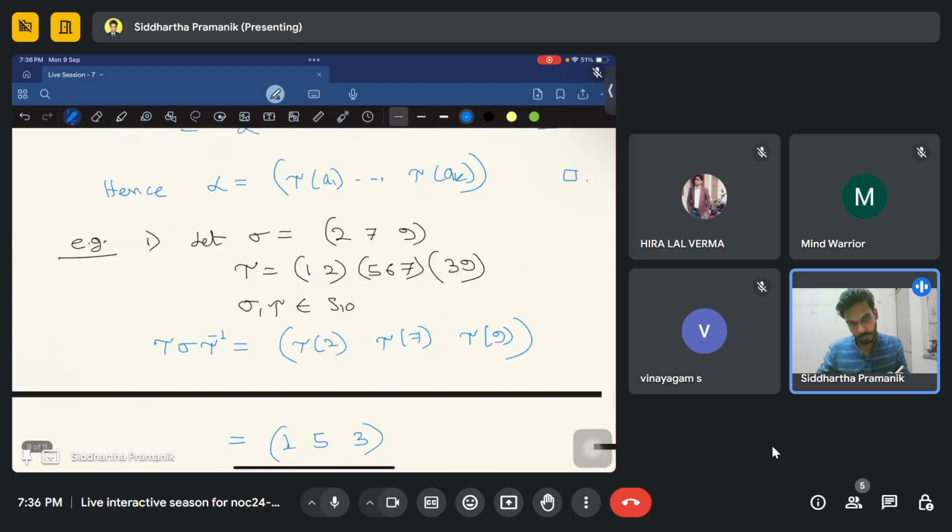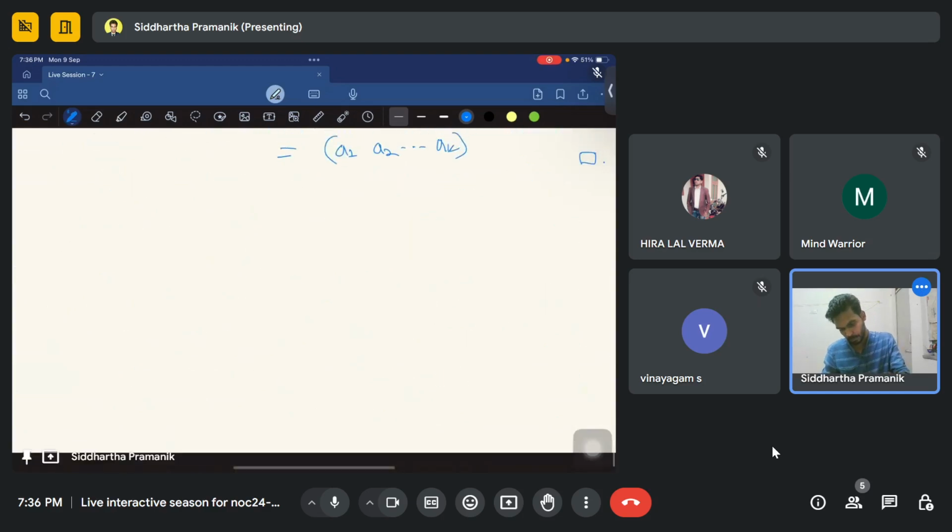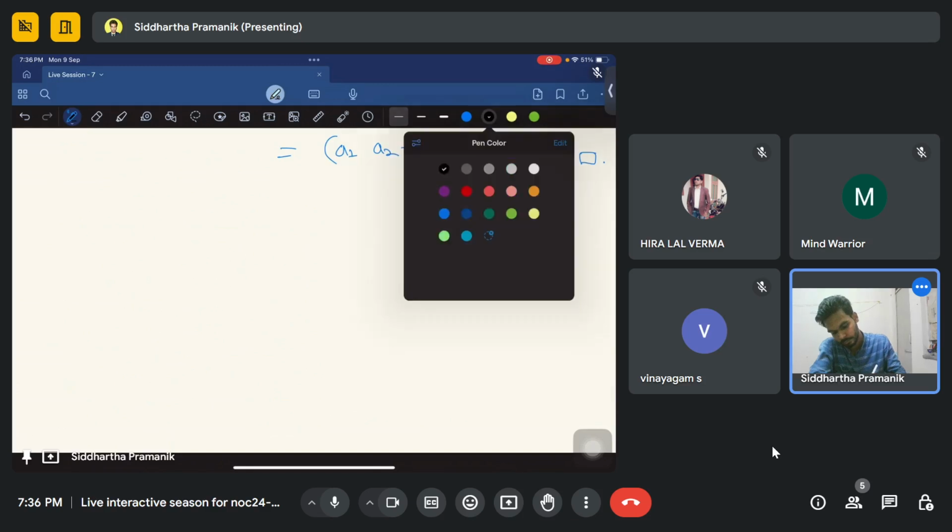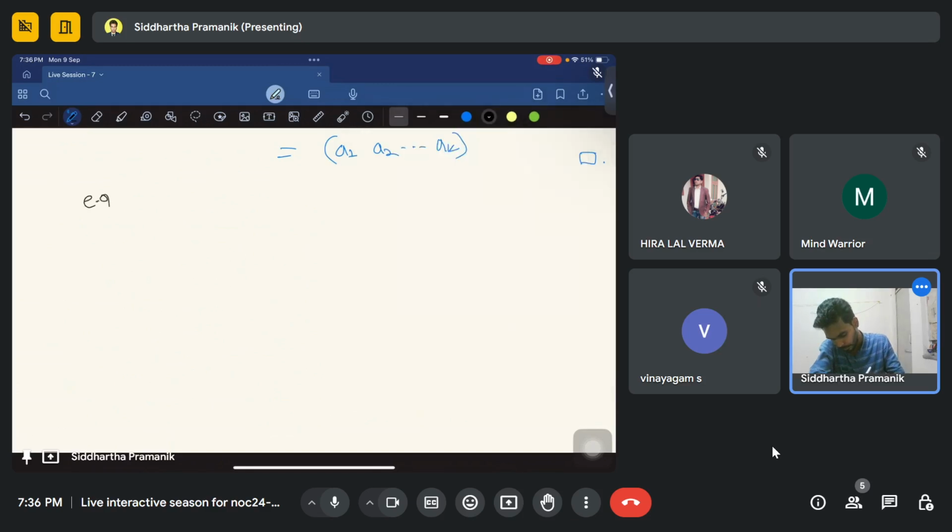So it is problem number 7. Let's see some examples first. In S3 the elements are the identity, (1 2), (1 3), (2 3), (1 2 3), (1 3 2).